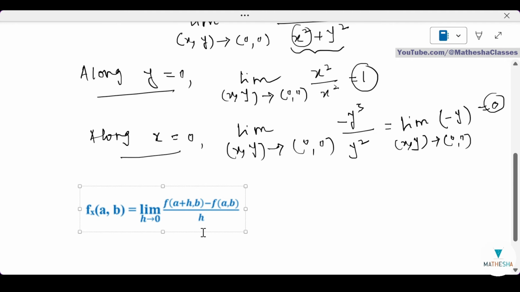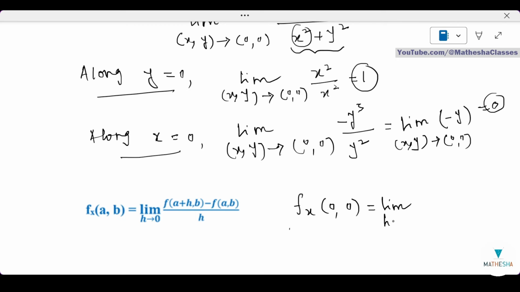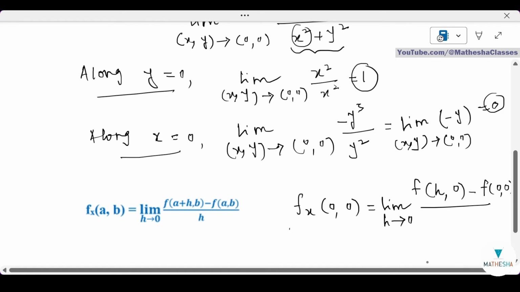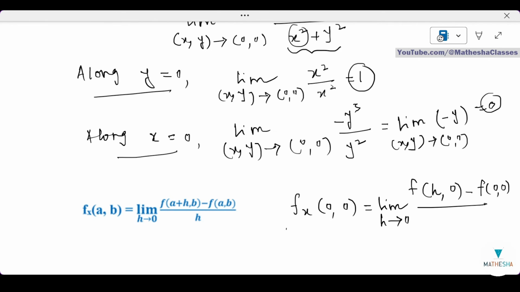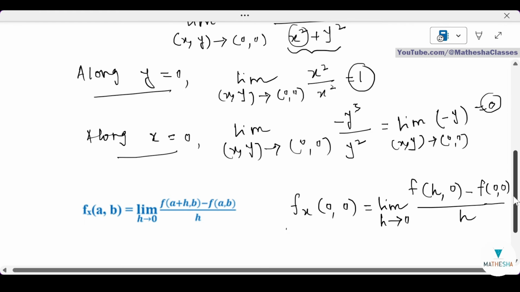So let us start with fx of (a,b). यहाँ पे भी (a,b) 0 0 है, so let us start calculating this. fx 0 0 is limit h tends to 0, f of (h,0), because a is 0 here, minus f of 0 0 by h.